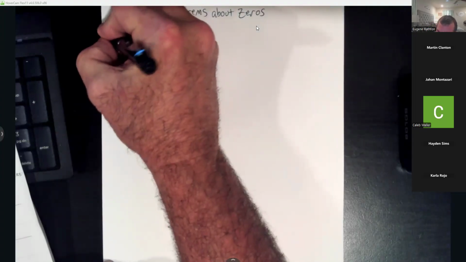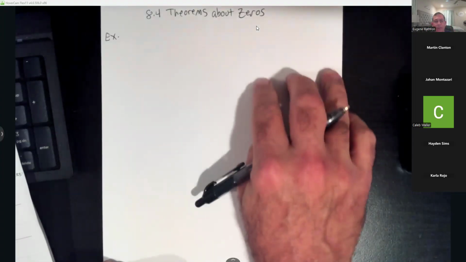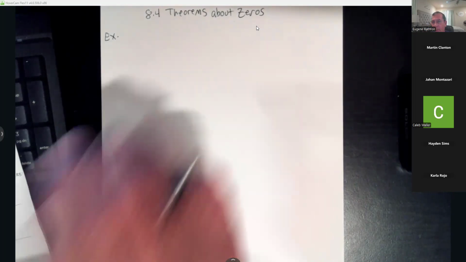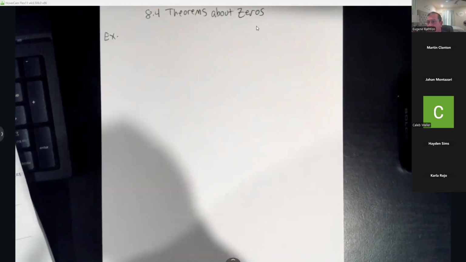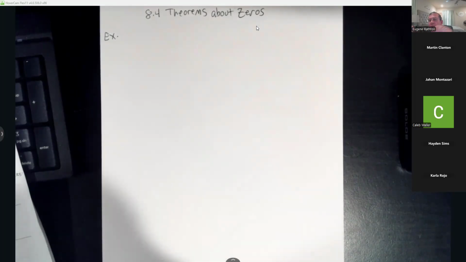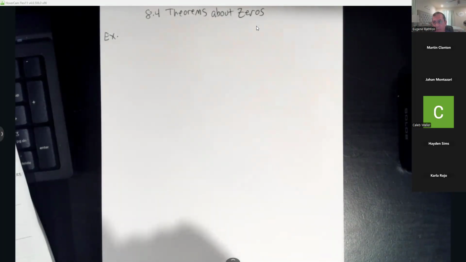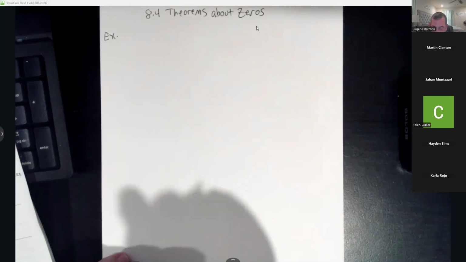So I'm going to write out the steps as I go through this problem, because since they're giving us the zeros, we're going to be working these in reverse from what we did last week.